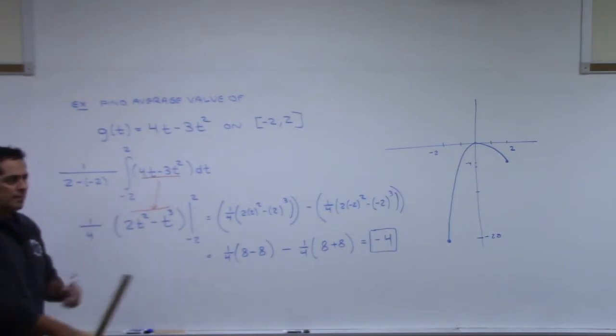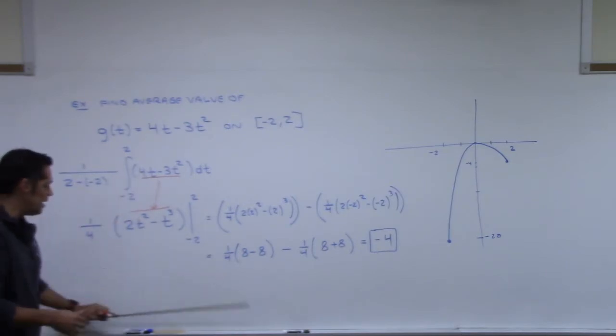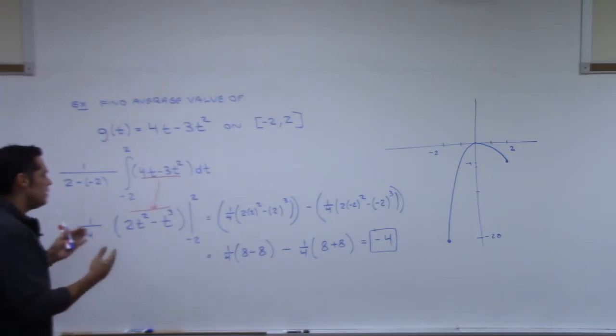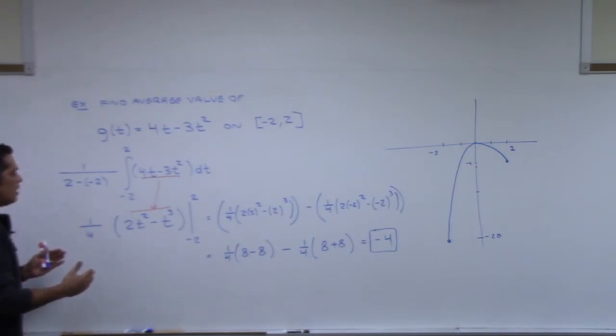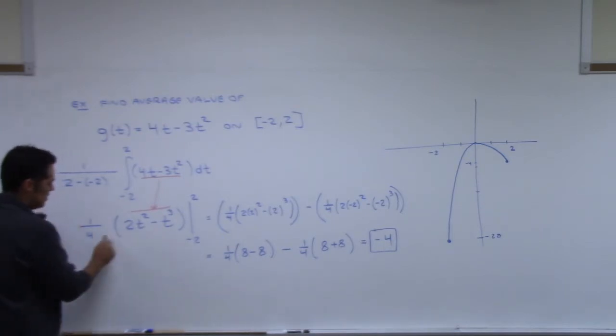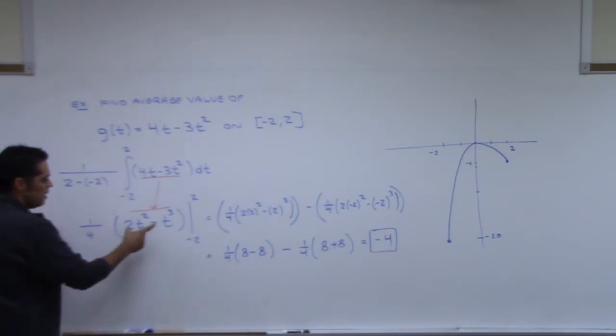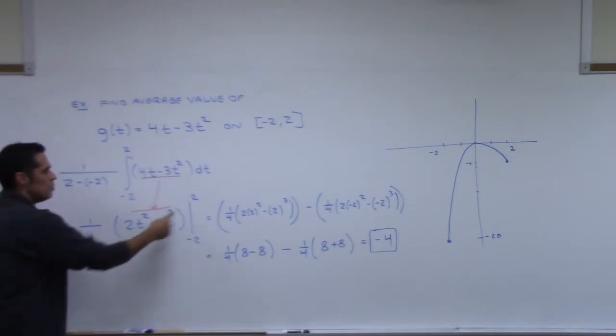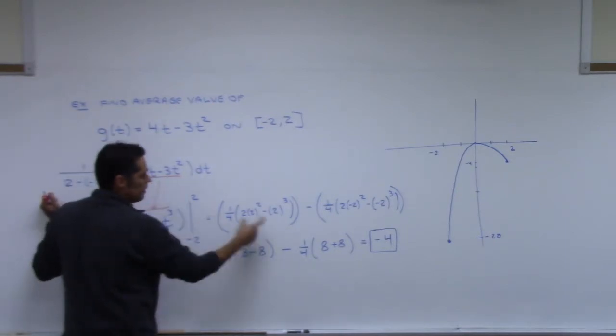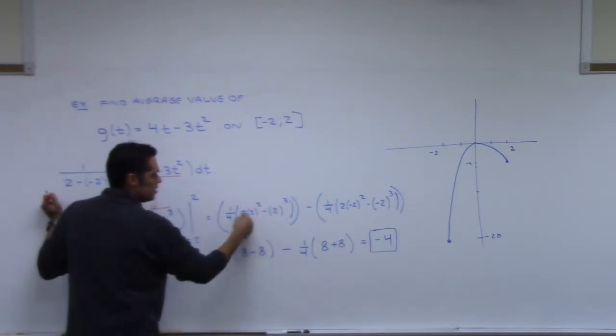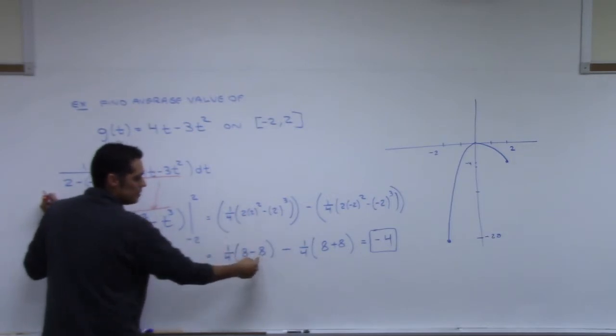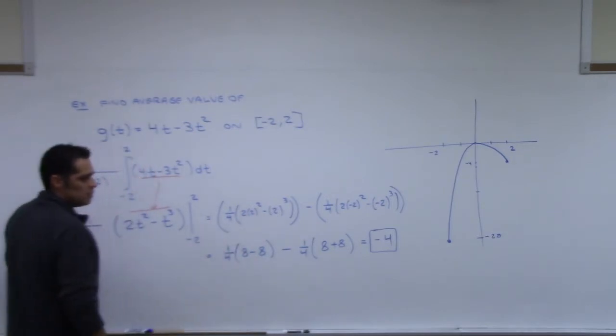Just keep doing that homework assignment over and over until you get it down. Then I think the next tricky part of this problem is this parentheses and the 1/4. You have to be real careful that you compute what's in here first before you hit it with the 1/4. So when you plug the 2 in, you have to figure out what all this is, and then hit it with the 1/4 at the end.